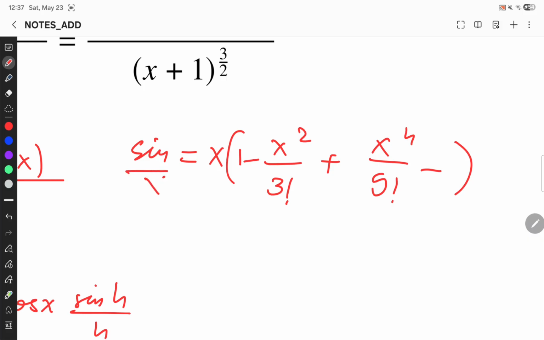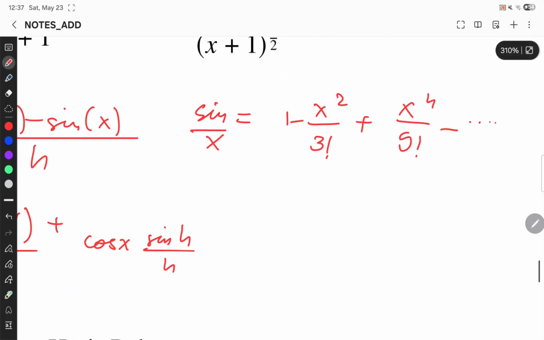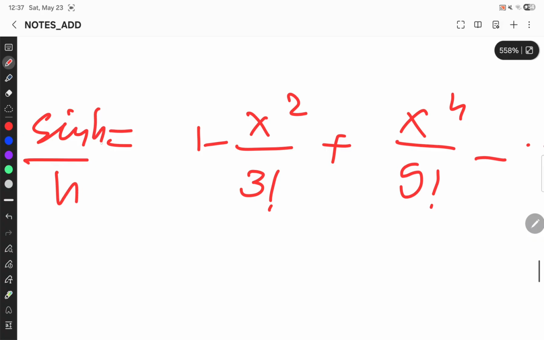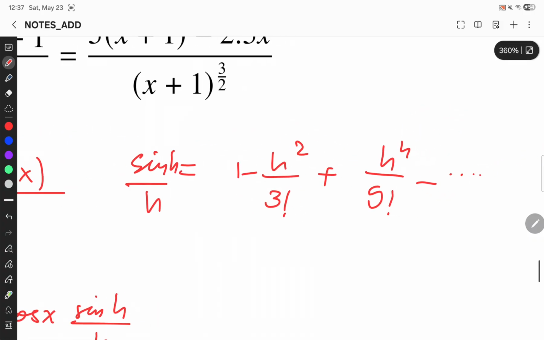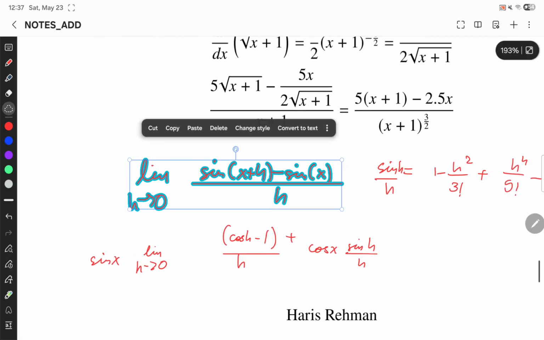Since this is sine of x over x, this x cancels out and we are left with this series. Now plug in h. This is the same as sine of h over h, so h is in all this stuff. Now take the limit as h approaches 0.